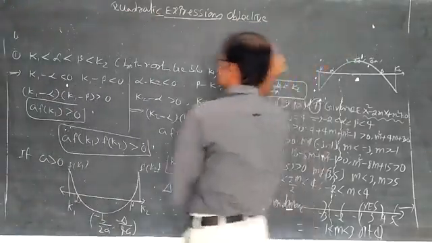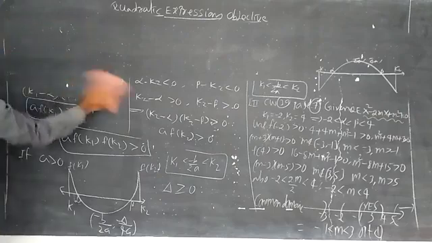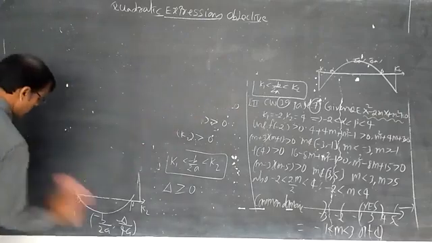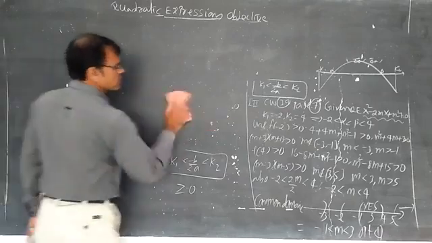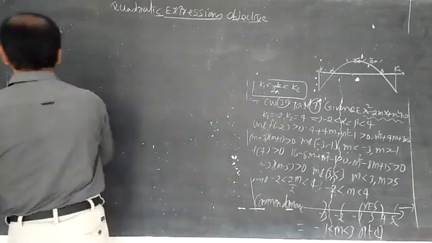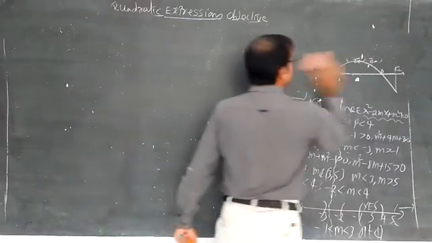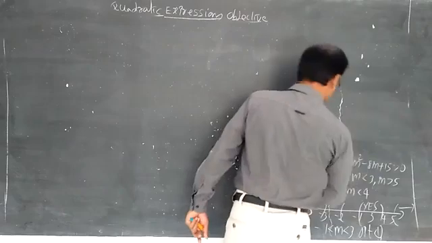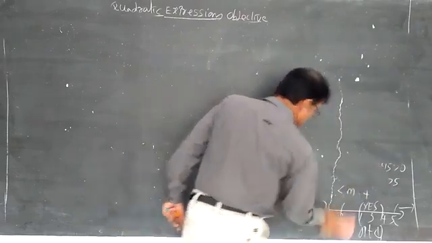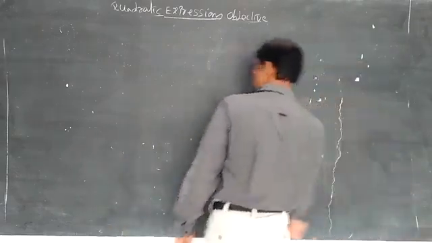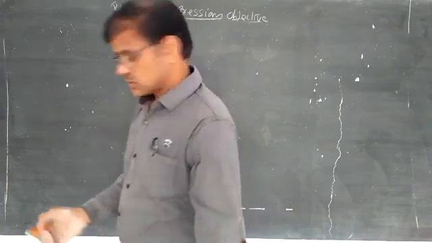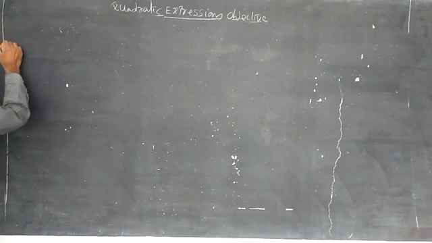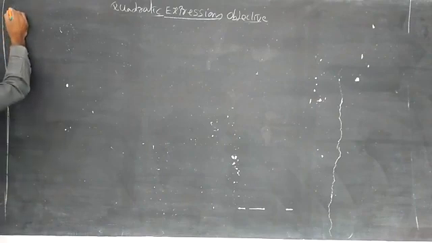We are discussing the location of roots for two real numbers k1 and k2. If k1 and k2 are two real numbers, for the quadratic equation ax square plus bx plus c equal to 0, we have discussed the first one as k1 less than k2 less than alpha less than beta.